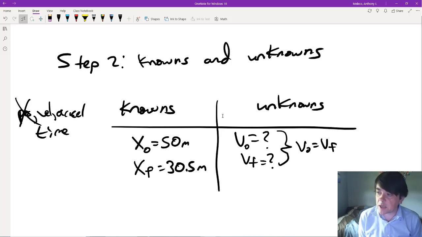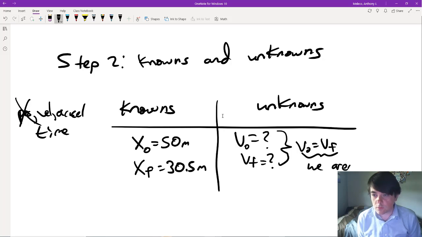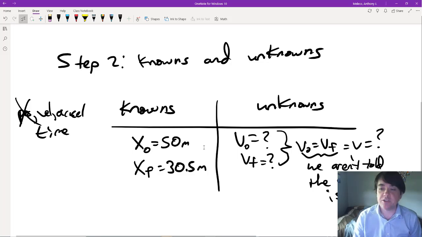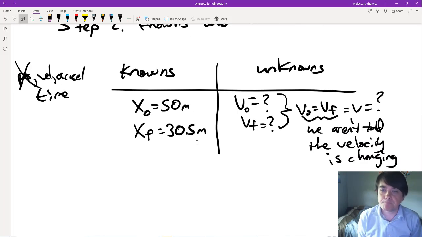And I say this because we're not told so I'm just going to call it v, okay? Because we're not told that the velocity is changing, okay?